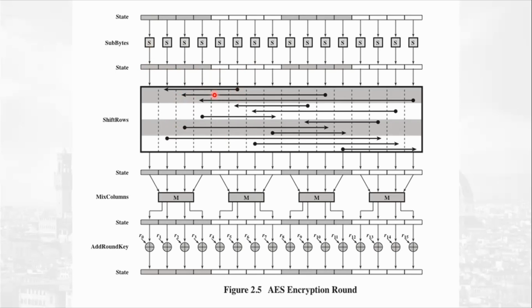Then in shift rows, what you do is some of the data is kept as it is. The first row is kept as it is. The second row gets shifted by 1 position. The third row gets shifted by 2 positions. The fourth row gets shifted by 3 positions or 3 bytes left. Okay, so this is how the transformation takes place. And as I have told you, when you are shifting 3 bytes left, it is as good as shifting 1 byte right.